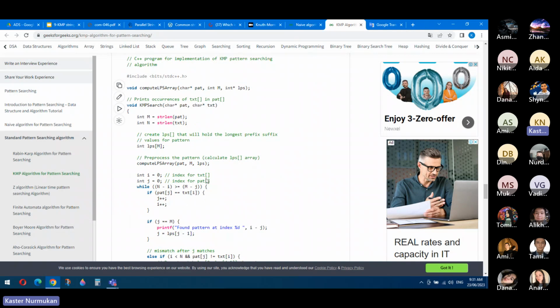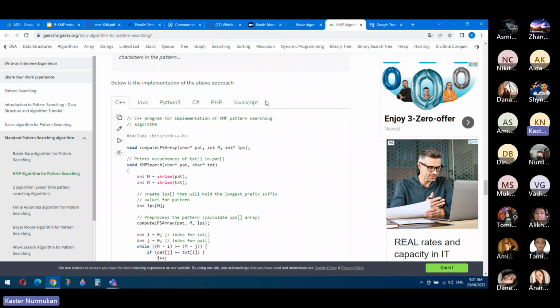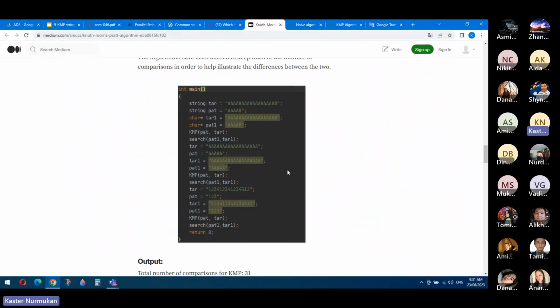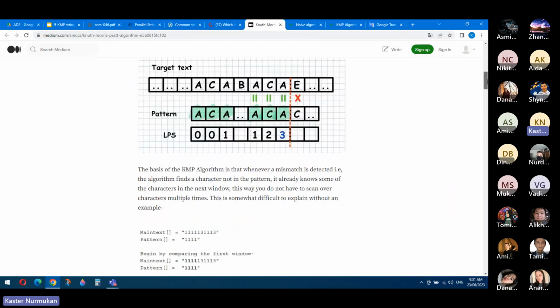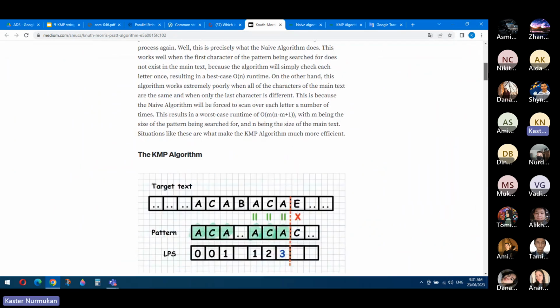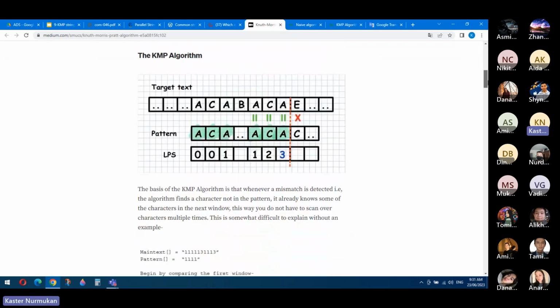I think that one should be a better article, which explains it visually. Let's say this one. Okay. So actually, the KMP algorithm includes 3 parts: one is the target, another is the pattern, and the third is the longest pattern suffix.